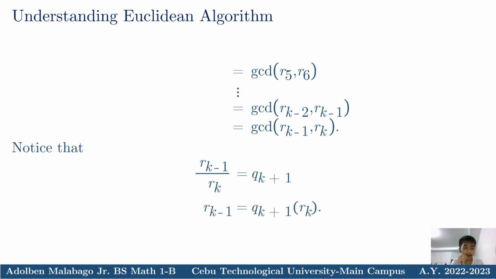And notice that from the last set of equations we got from the last set of divisions, we have r sub k minus 1 over r sub k equals q sub k plus 1. And here we have r sub k minus 1 equals q sub k plus 1 times r sub k. So that is the equation that we have.